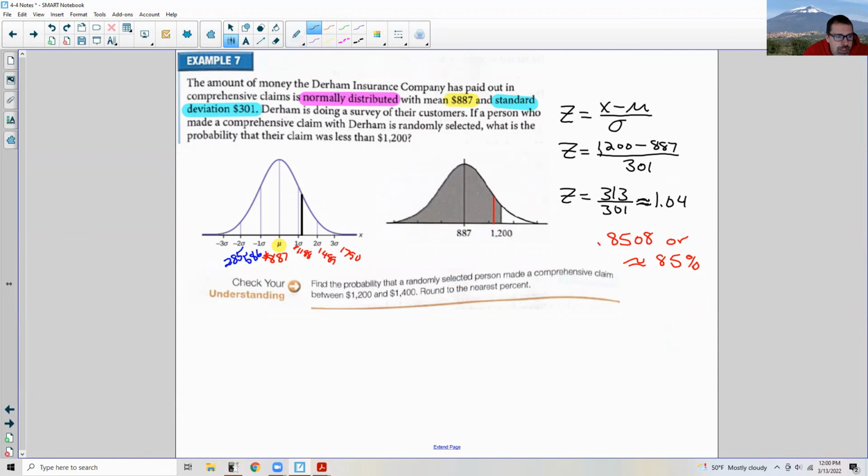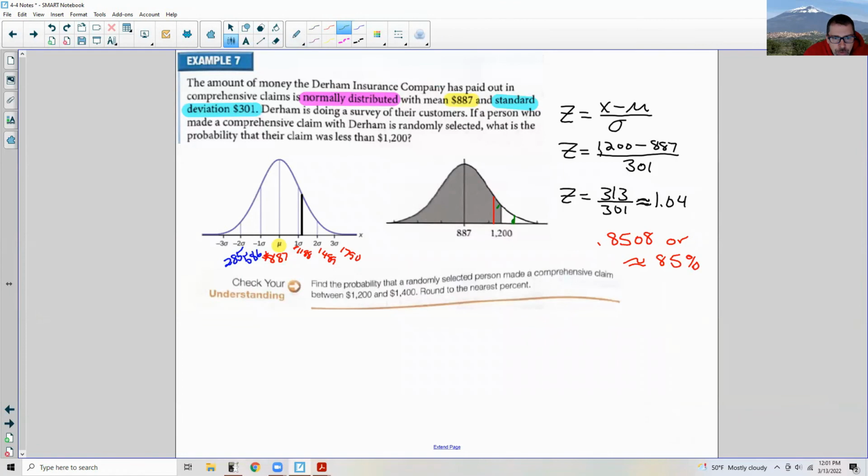And let's continue with the check your understanding. Find the probability that a randomly selected person made a comprehensive claim between 1,200 and 1,400. Okay, so here's what we're going to have to do here. Here's the 1,200 line. Let me draw another line where $1,400 is, which would be over here somewhere.